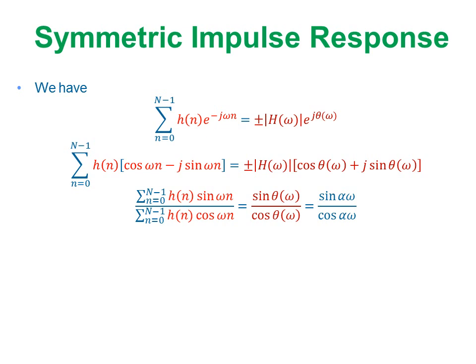So if we take the ratio of the imaginary component and the real component, one can have that equal to sin of alpha omega upon cos of alpha omega. We know that theta of omega is equal to minus alpha omega for the linear phase filter. So this minus sign from the right hand side and this minus sign from the left hand side, if we take the ratio of imaginary component to the real component, get absorbed.